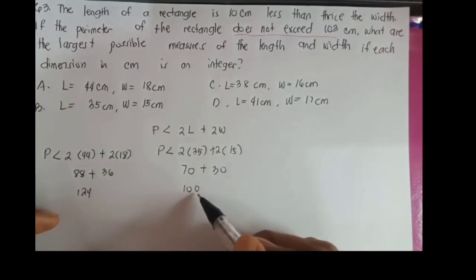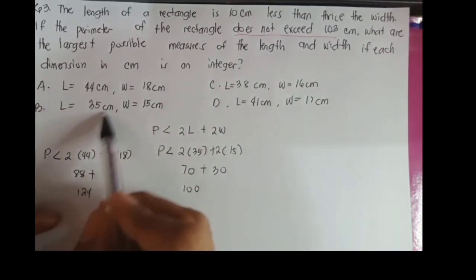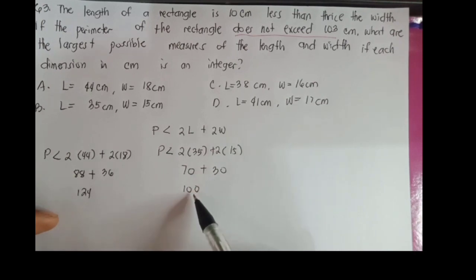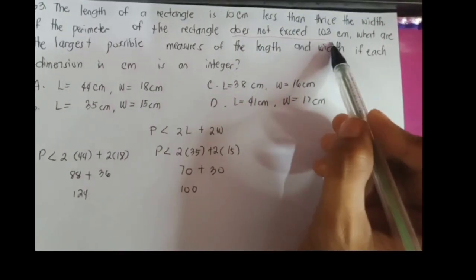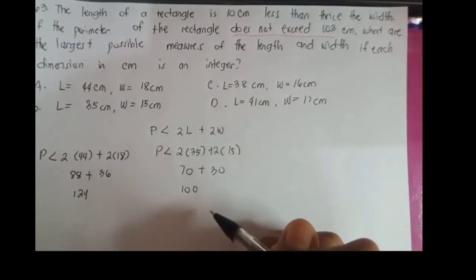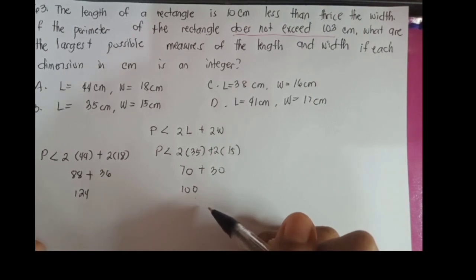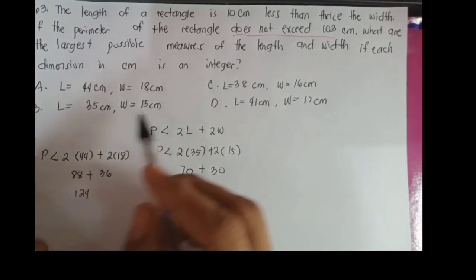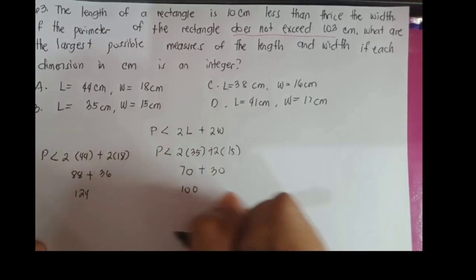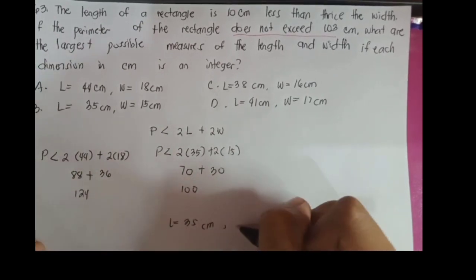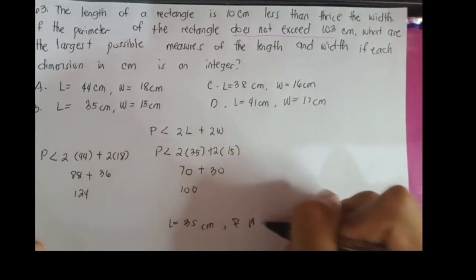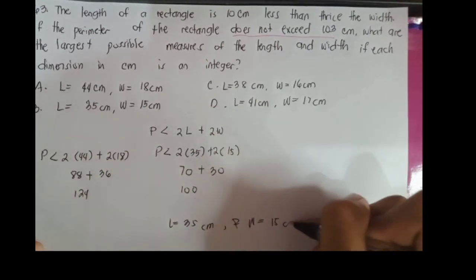Okay, since our values for length and width come up with a perimeter of 100, which does not exceed 103, therefore, we can conclude that our values are 35 centimeters for the length and 15 centimeters for the width.